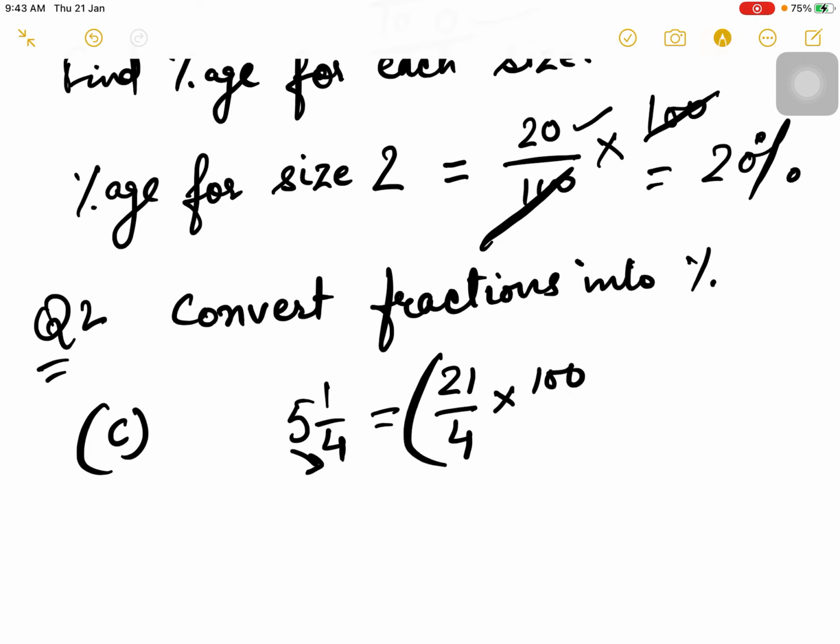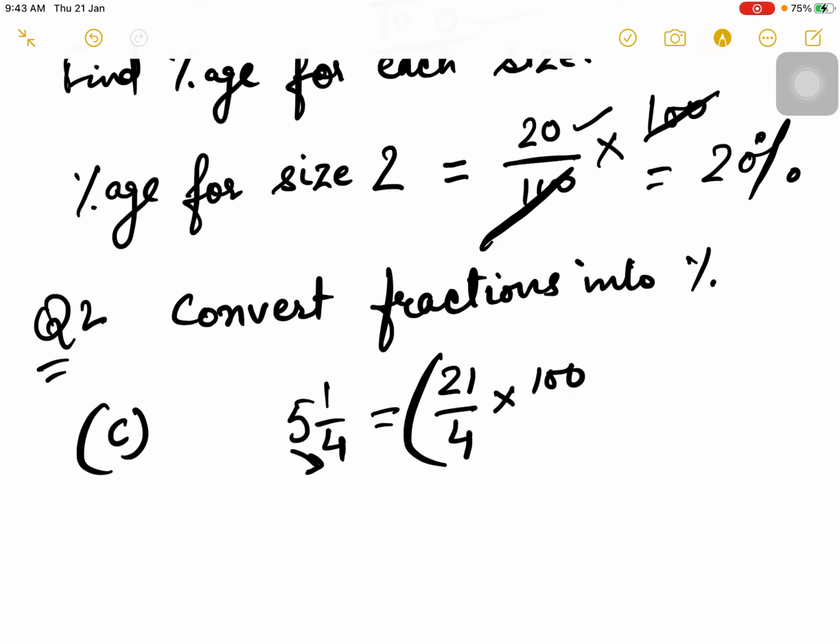Okay, now you can calculate the final percentage for this. One more, part A, 1 upon 4, and we have to find the percentage. Okay, this way we can find the percentage. Multiply it by 100. So 4 25s are 100. So 25 ones are 25. So 25%.